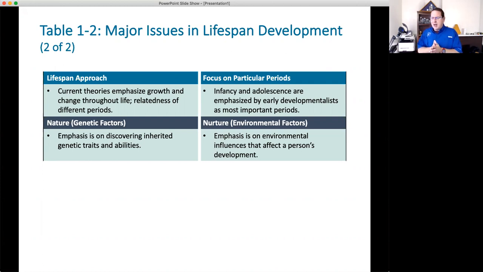And I believe in this course we also get into the Minnesota Twin Study. How many of you have heard of the Minnesota Twin Study? Okay, so I see a hand or two up there. That was really a milestone in how we understand nature versus nurture.